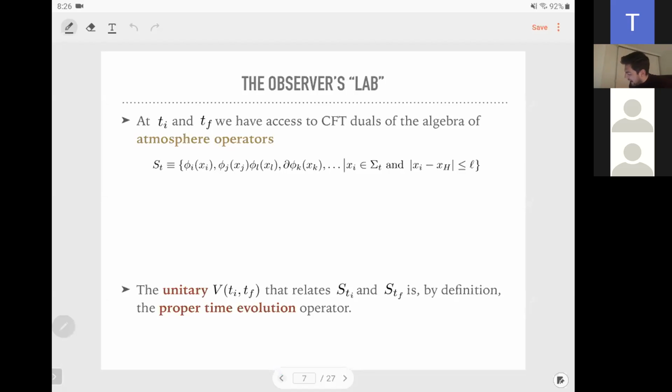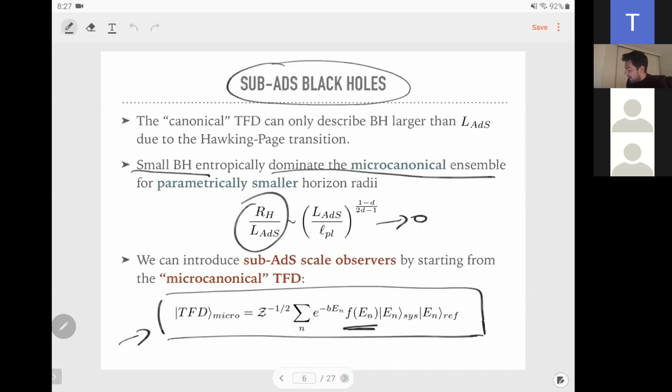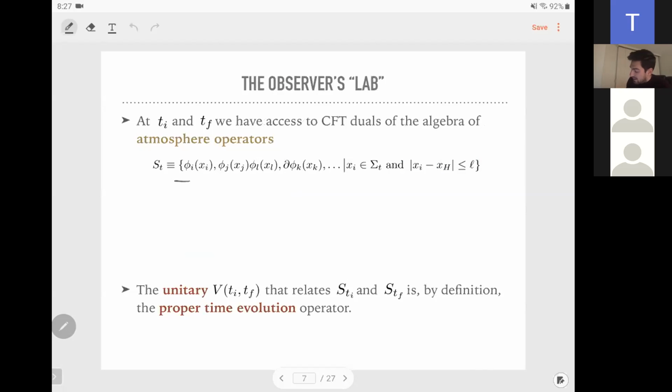That's why I will focus on operators that are very close to my black hole in what I will call the atmosphere. So there are some degrees of freedom very near the black hole, which I will call the atmosphere operators. It is these that make up, if you will, my observer's lab. And it's this operator's evolution that I'm interested in describing.